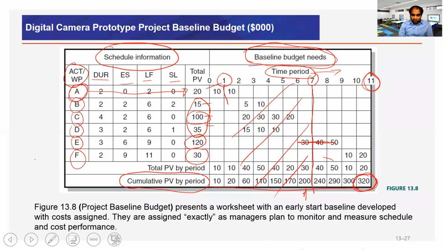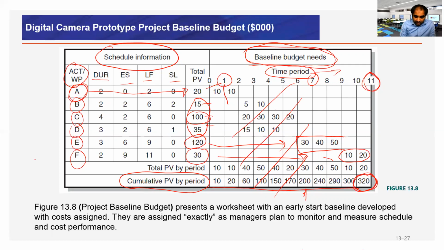So then again, go back to the table here. E and F, we need these, right? For F, this is E, I'm sorry. So E hasn't started yet at end of period 7. So we need to move that. So that 120 and 30 should be here.